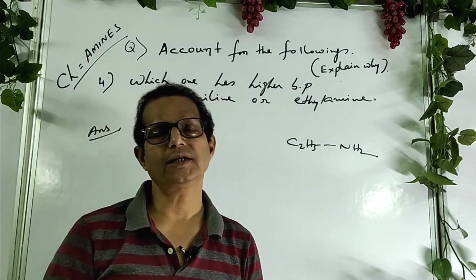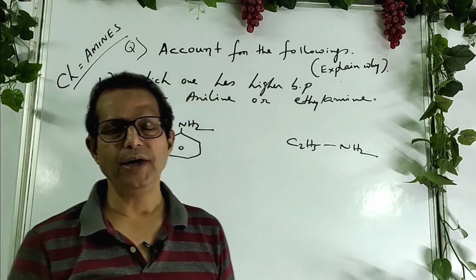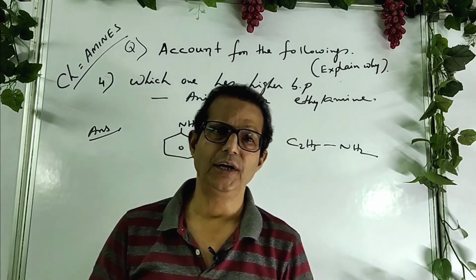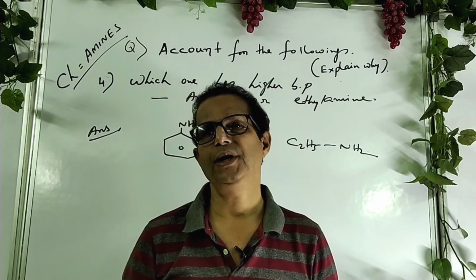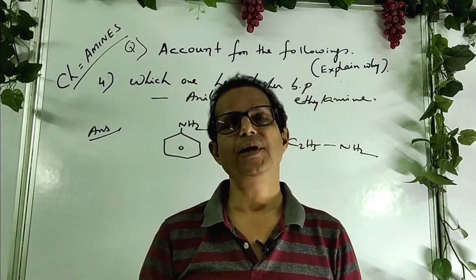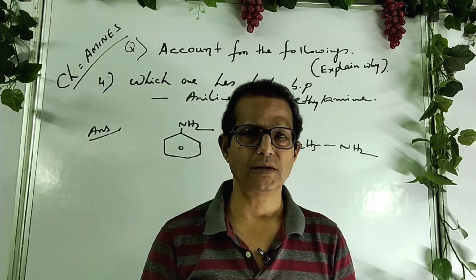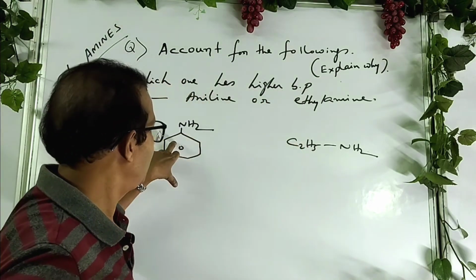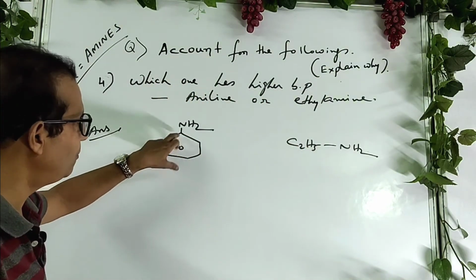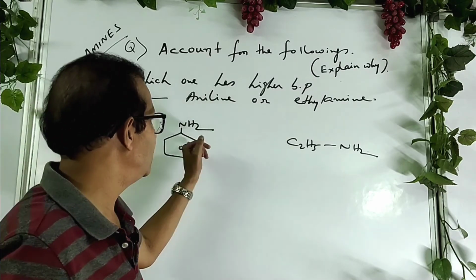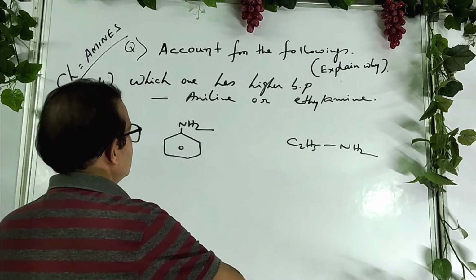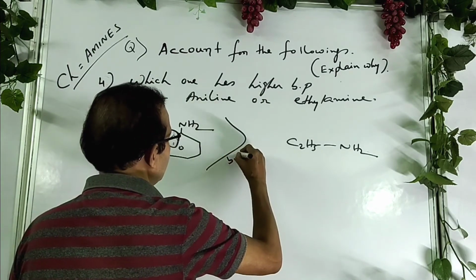So we cannot explain the boiling point on the basis of hydrogen bonding, because both form association by hydrogen bonding. Now the second point comes, that is molecular mass. Aniline obviously has higher molecular mass because it has a benzene ring, so it has more boiling point.